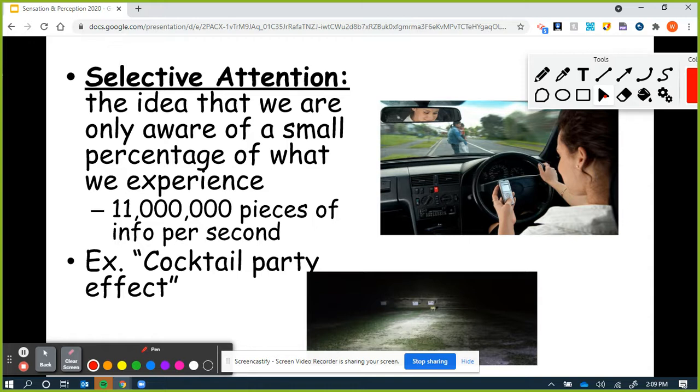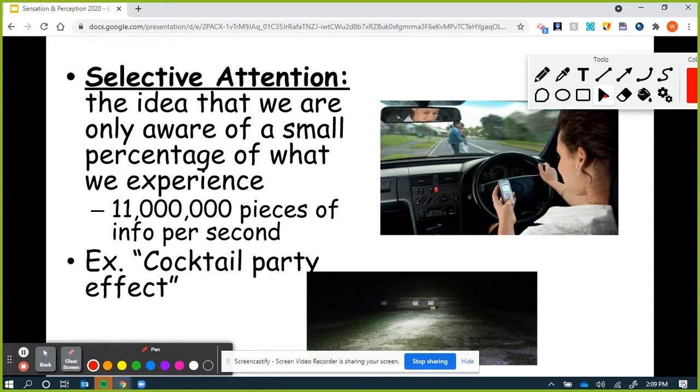A lot of the stuff comes in and is not even attended to. As soon as it comes in, it is out. This is called selective attention. Selective attention is just what you are focused on at any given time and what you are tuning out.